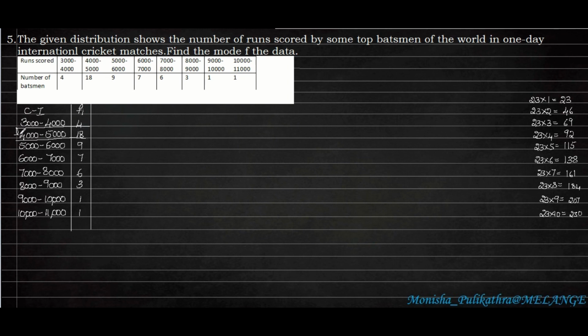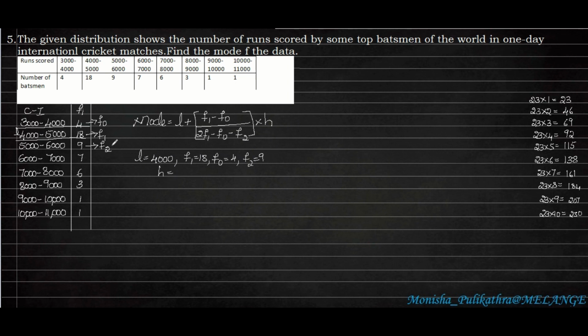Here, this 4000 is the lower limit L, whereas 18 is F1. The preceding term is F0 and the succeeding term is F2. Next, we have to write the formula for mode. So mode is equal to L plus F1 minus F0 whole divided by 2F1 minus F0 minus F2, into H. Here the lower limit L is 4000, F1 is equal to 18, F0 is 4 and F2 is 9.